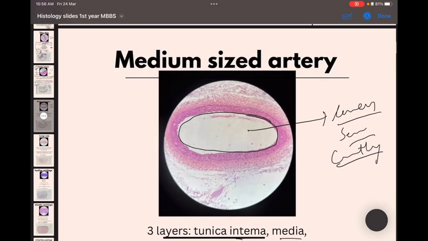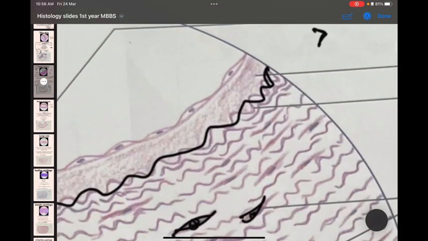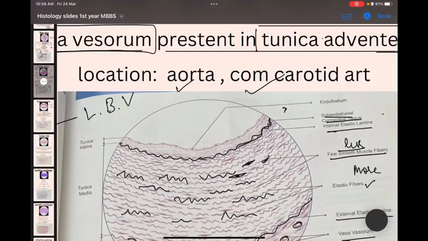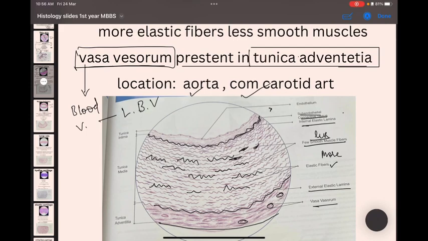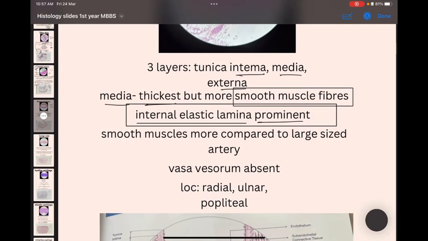So we saw elastic laminas, no? Here this is the internal elastic lamina. This thing in medium sized artery is prominent. Then smooth muscles are more compared to large sized artery. Okay, we know. And then here remember vasa vasorum is absent.